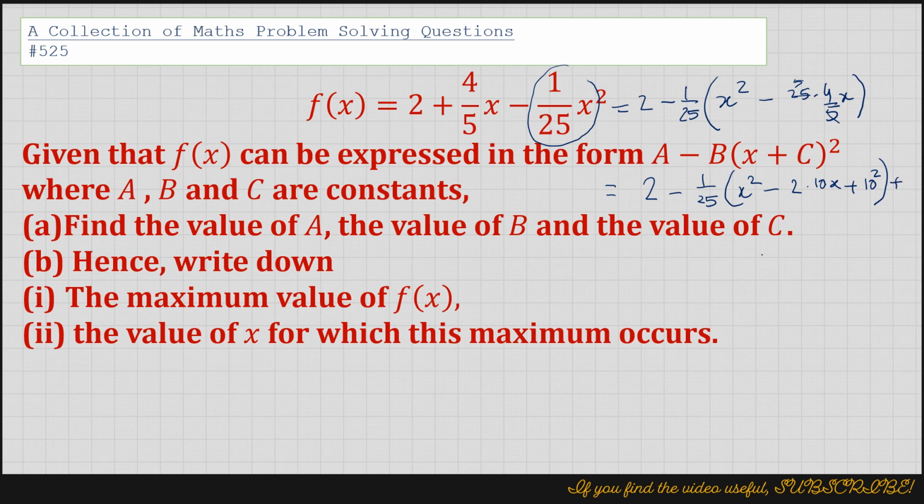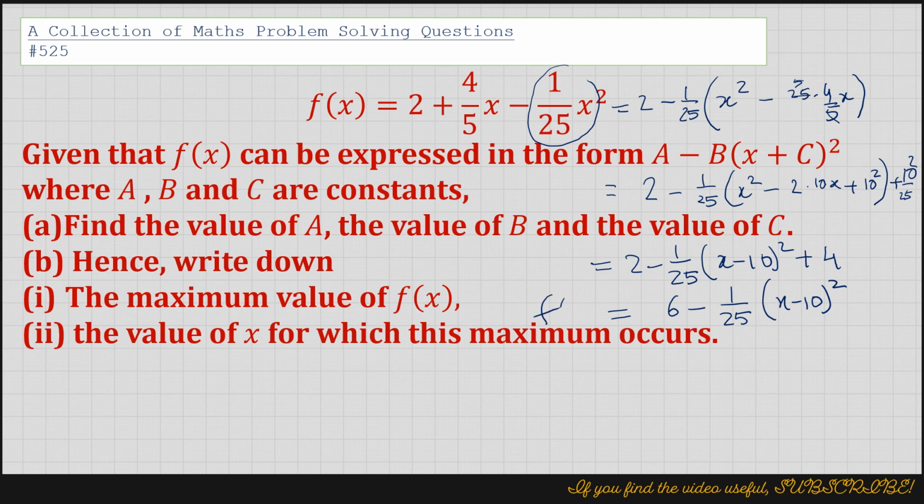So we come up with a plus sign, 10 squared over 25. So this can be rewritten as 2 minus 1/25 within bracket (x minus 10) whole squared, and plus 4, since 10 squared divided by 25, 100 divided by 25, is 4. That equals 6 minus 1/25 (x minus 10) whole squared.